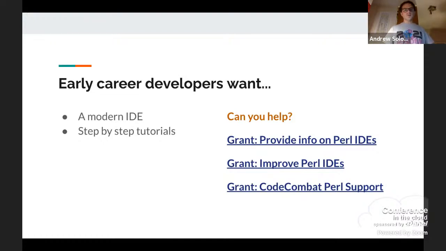We have managed to consolidate 3 grant proposals. So if you or anybody you know would be willing to contribute to things like a guideline on which IDE to use, or improving the IDEs that are there, or doing an online Perl course, then here are grant proposals, and it'd be great if someone would pick up on that.